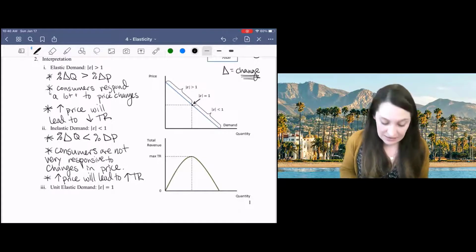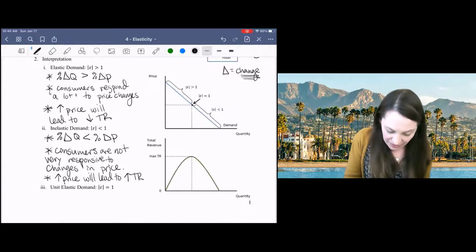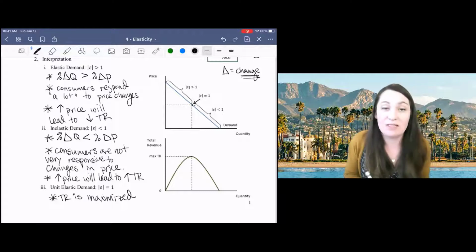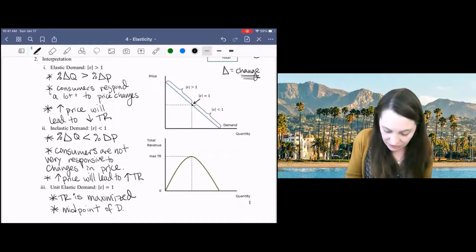When demand is unit elastic, or equal to 1, then we know that total revenue is maximized. This is the point along the demand curve that yields the highest possible total revenue. And this point occurs at the midpoint of the demand curve. In other words, halfway down the demand curve.